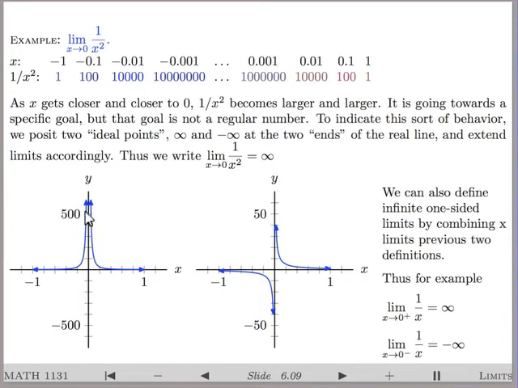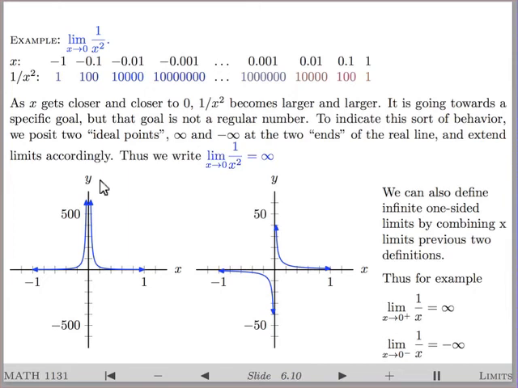So the graph shoots up on both sides. It's like the graph is approaching something, but that something is not a number. So we place an ideal point, infinity, at the top end, and say the function is approaching infinity, or we write the limit equals infinity.